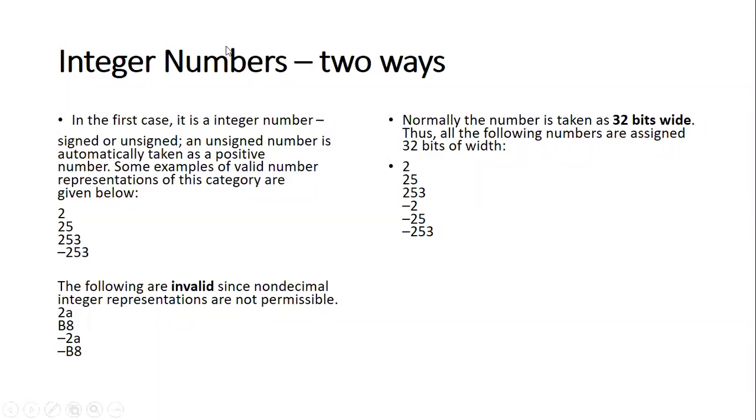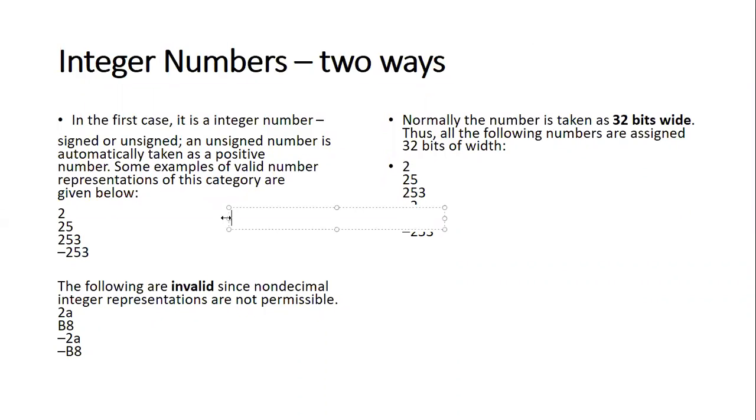Even if I write the number 2, the bit width will be 32 bits. So if I write 2, the binary will be 0000 up to 32 bits. The last bits will be 10, which is equivalent to 2 in decimal. So this is what it means. Each number is 32 bits wide. Any number will be assigned a default 32 bit width.